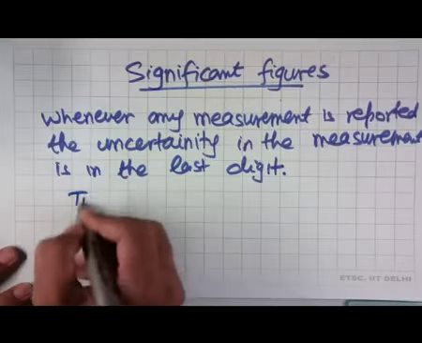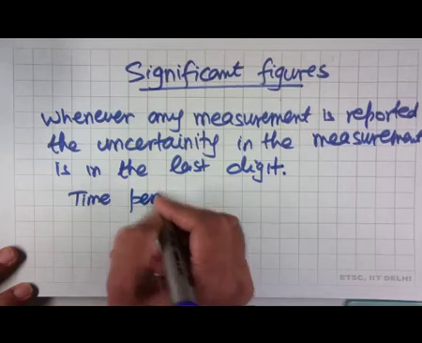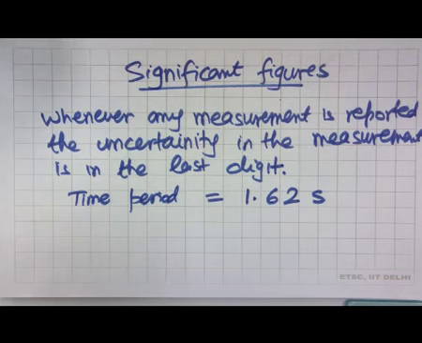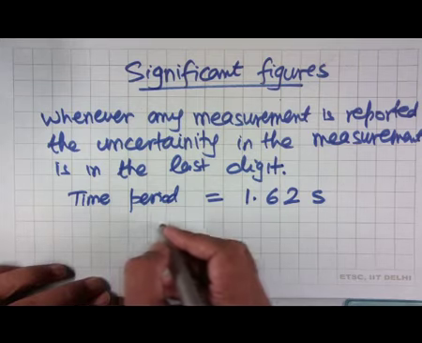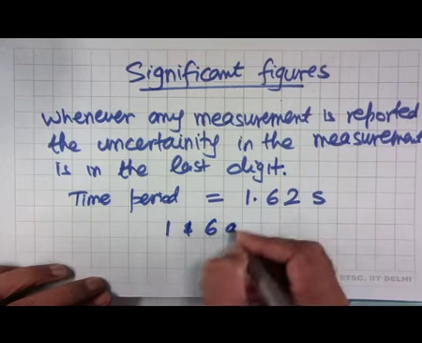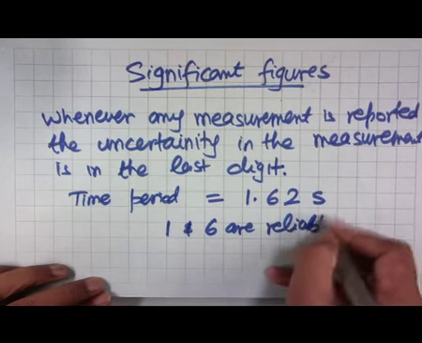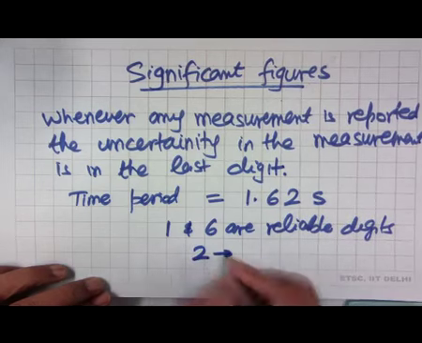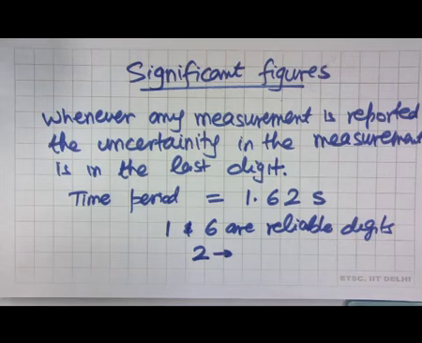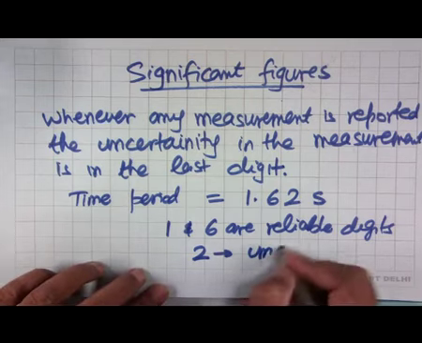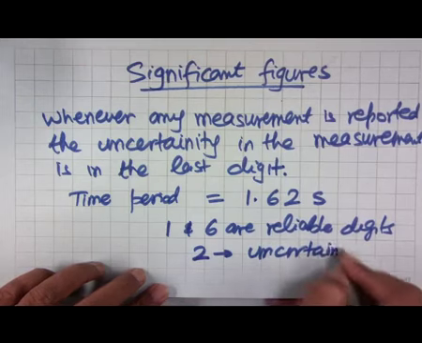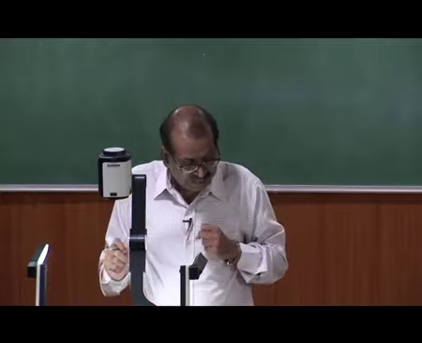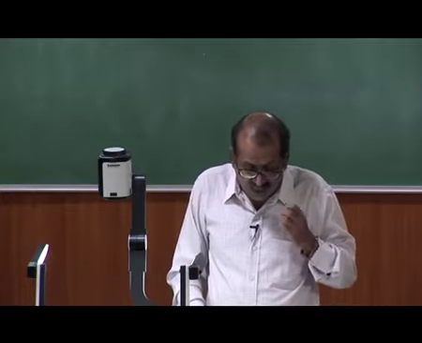For example, when we say the time period of a particular pendulum is 1.62 seconds, then here we know 1 and 6 are reliable digits, whereas this 2 could be the one where there is a possibility of uncertainty. It could be either 1 or 3 or a fraction lying between 1 and 3. So, this is where the uncertainty comes.